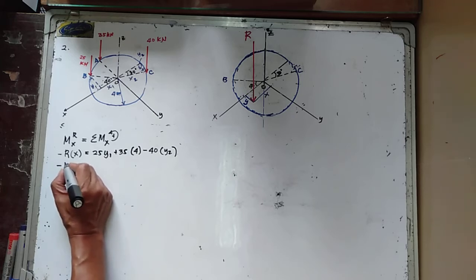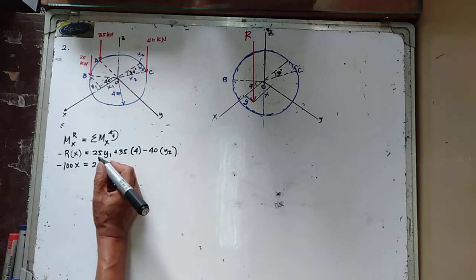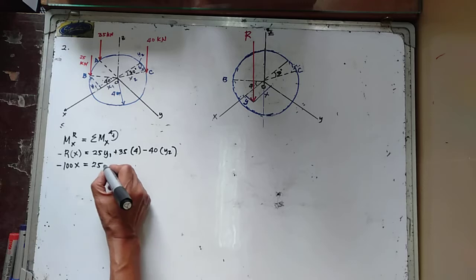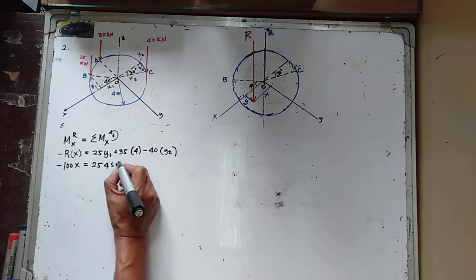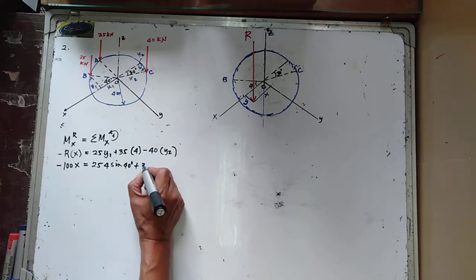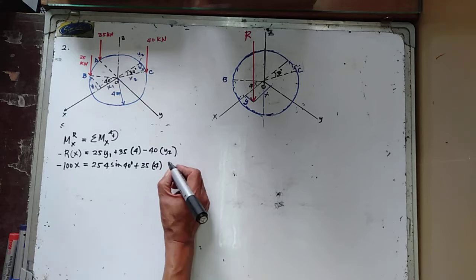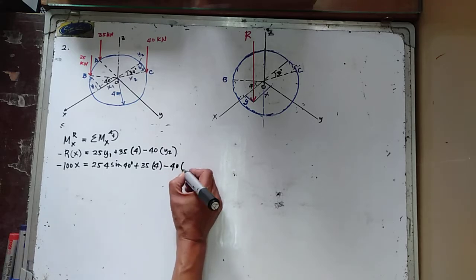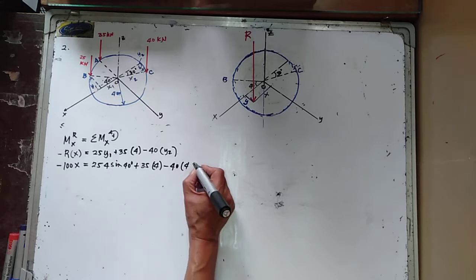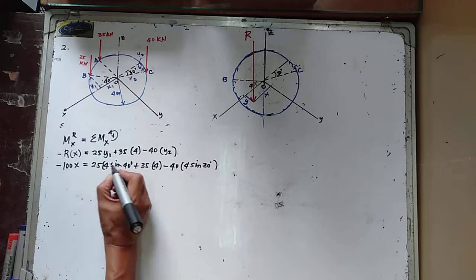So this is minus 100 multiplied by y, is 25, and your y1 is 4 sine of 40 degrees, plus 35 multiplied by 4, minus 40, and your y2 is 4 sine of 30 degrees.